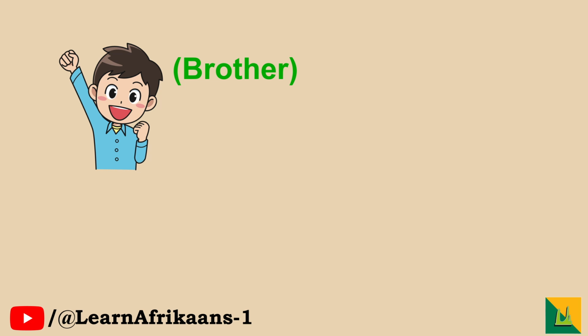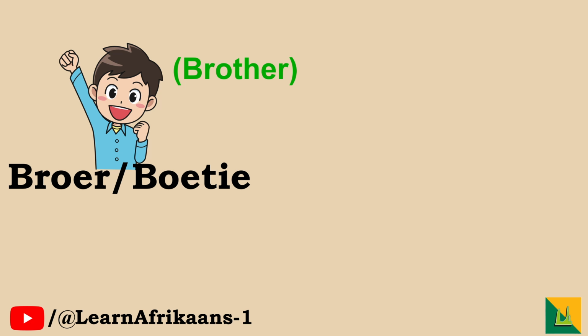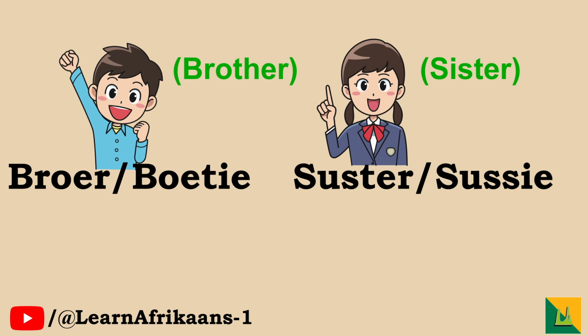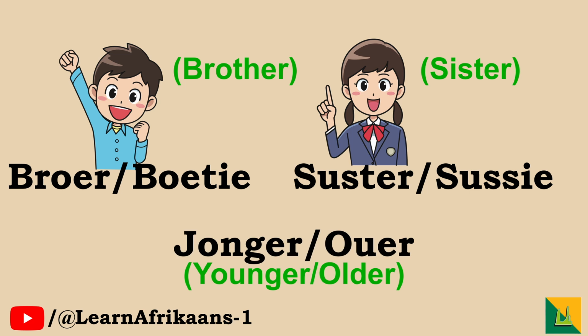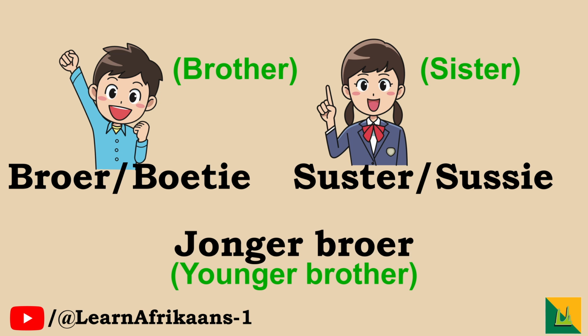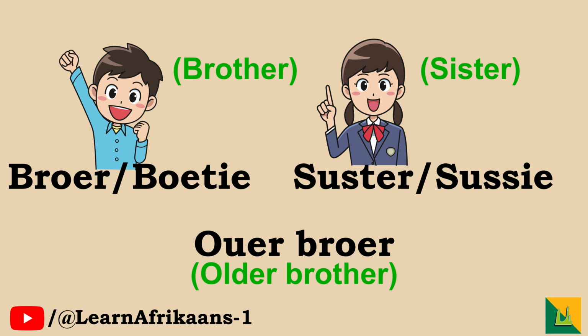Next for the brother. Broer, or boetie. And for the sister, suster, or sussie. If you want to specify how the sibling relates to you, you can add jonger of ouer, younger or older: jonger broer, ouer broer, and so on.